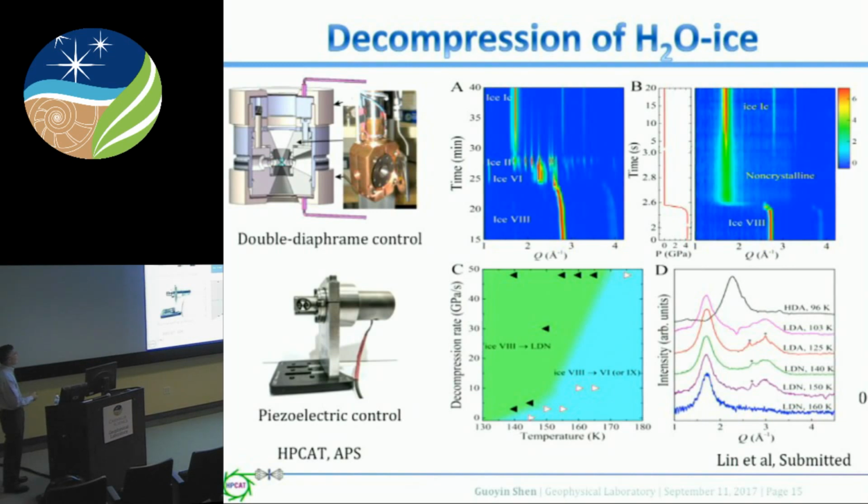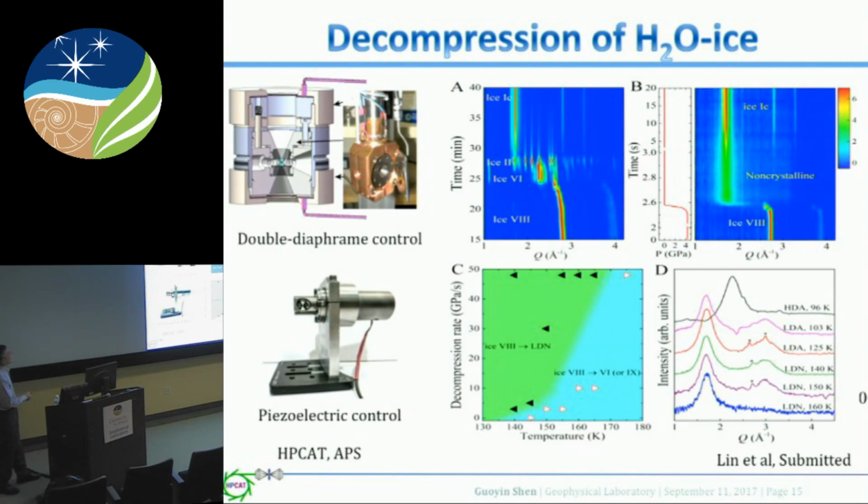If we apply a slow decompression, so this is ice 8, and as we slowly decompress, we actually observe ice 6. This is a metastable crystalline phase, so it's not liquid.